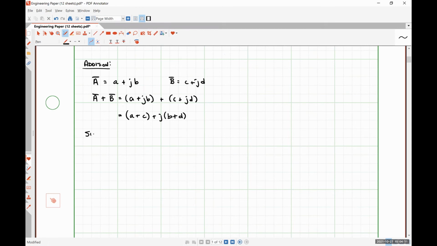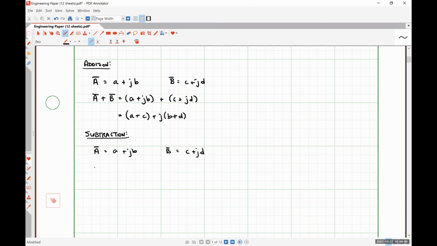Subtraction is also very straightforward, right? So let's say that we have the exact same complex numbers. A is equal to lowercase a plus jb, and B is equal to lowercase c plus jd. Subtraction is just addition, but now there's a -1 scalar factor involved, right?